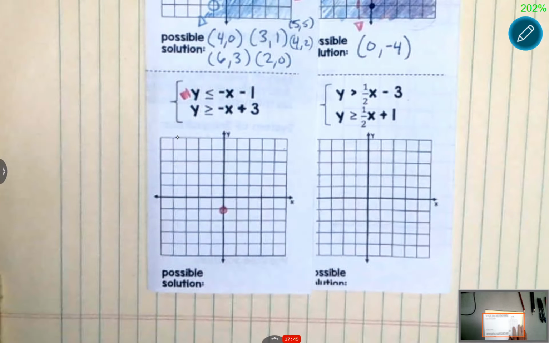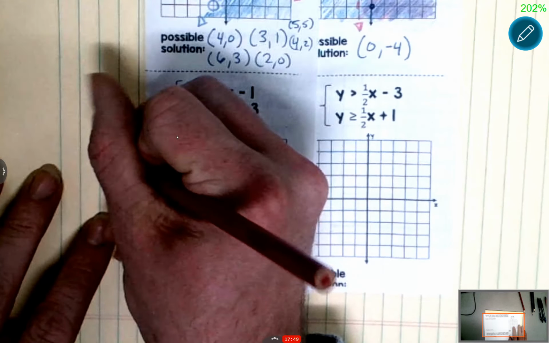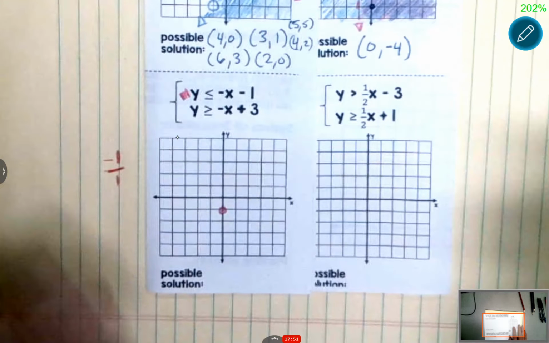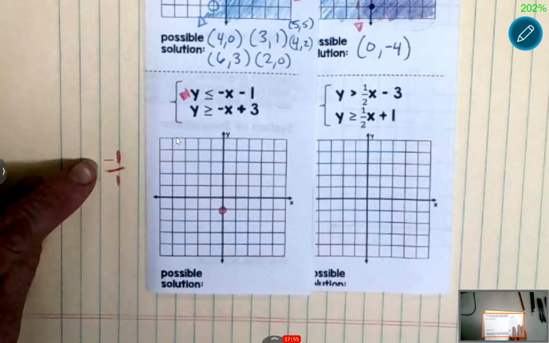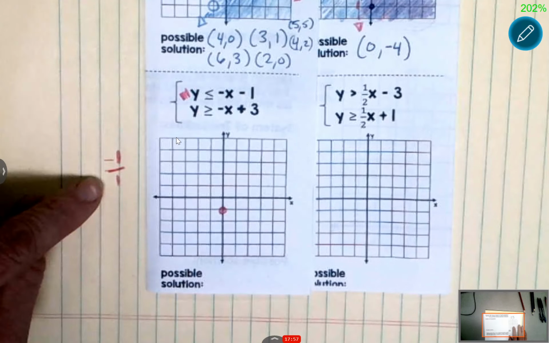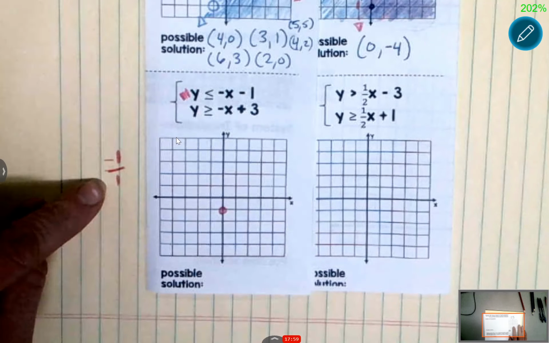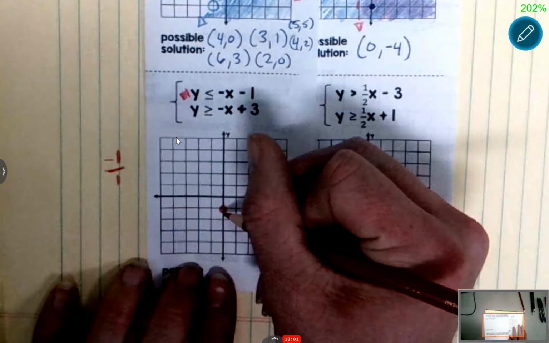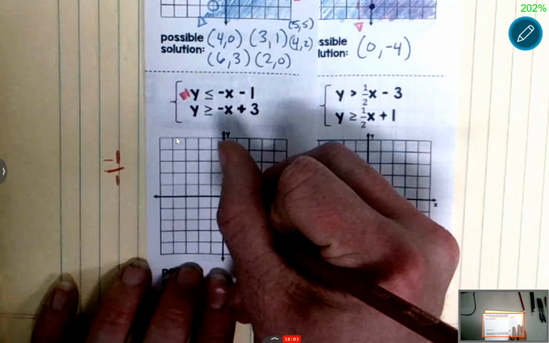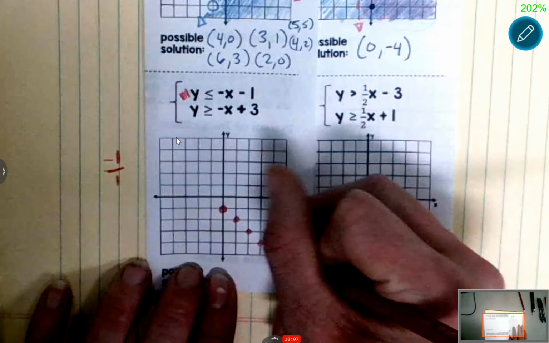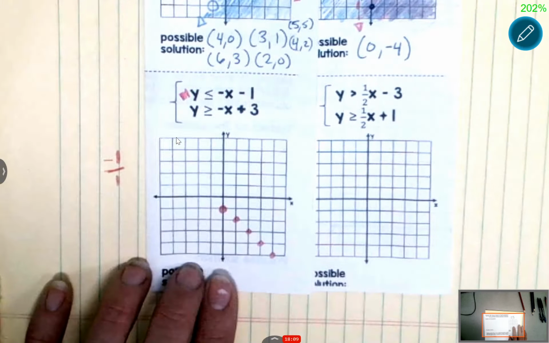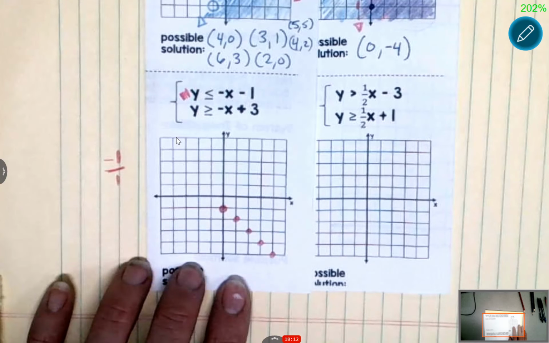My slope is also -1, which I can write as -1 over 1. So I can go down 1 because my rise is negative, and right 1 because my run is positive. Down 1, right 1. And those are all the points I can fit with that pattern.